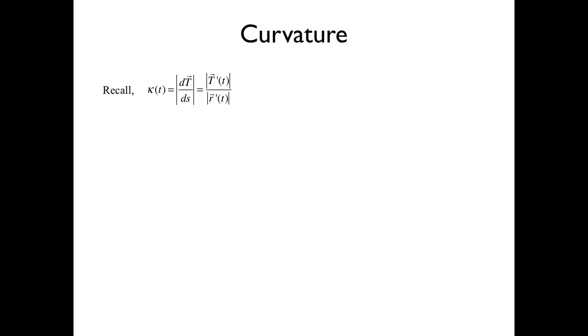So that makes sense, right? If you get a lot of turn for some distance traveled, then your curvature's higher. All right? So it's the rate of change of direction with respect to arc length. That's what we're talking about, dT/ds.